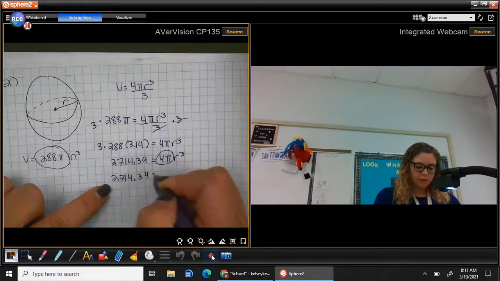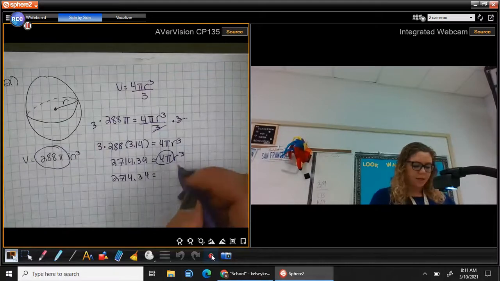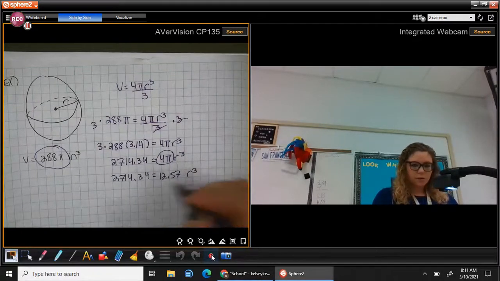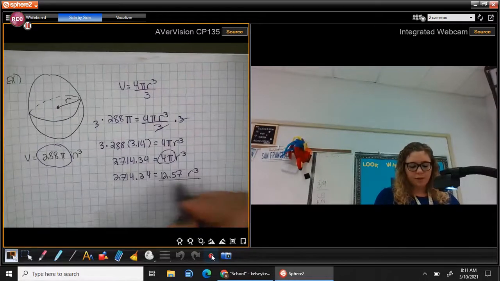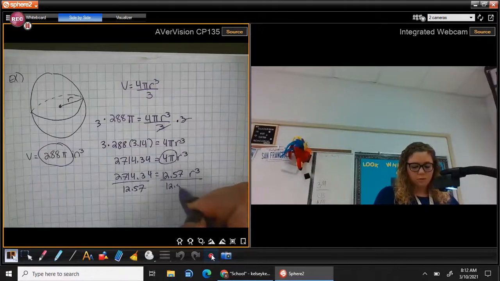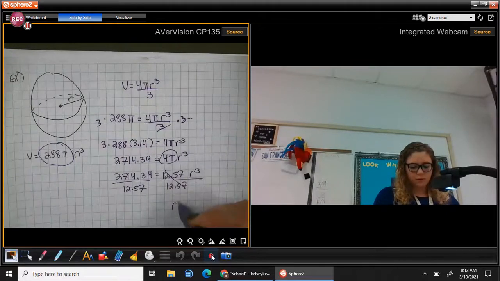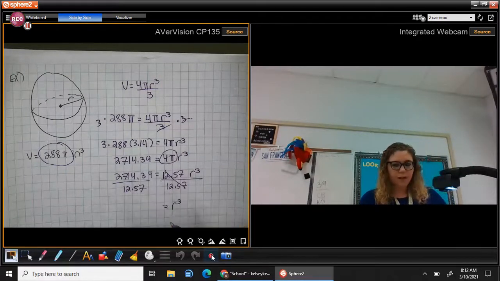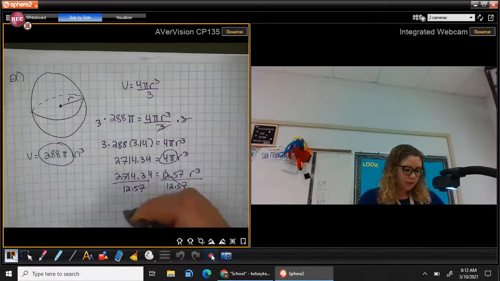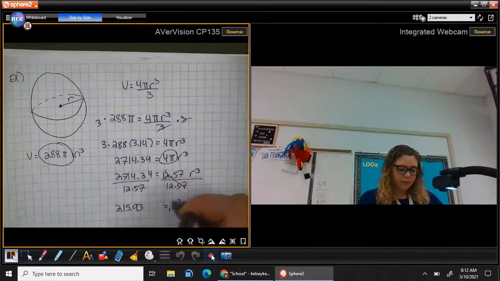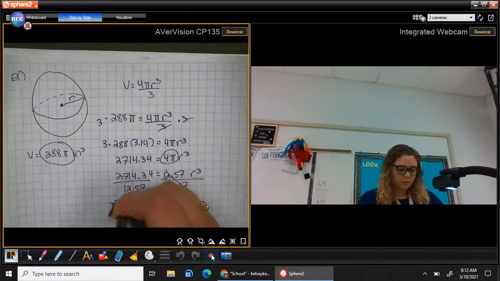Okay, multiply those two together. Again, you can just plug in your calculator. 4 times pi is 12.57. Okay, then you're going to divide by that. Left with r cubed. Okay. Then 2,714.34 divided by 12.57. It's going to give me 215.93. And lastly, take the cube root because it's cubed.